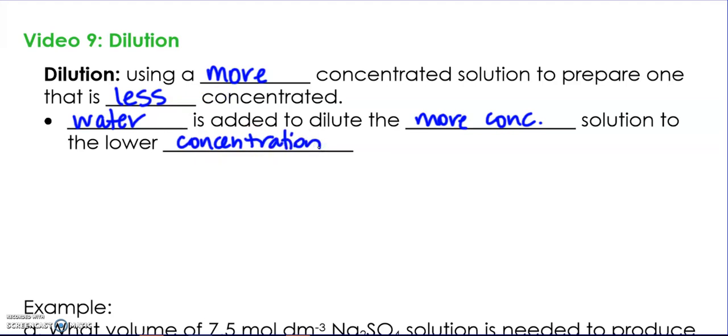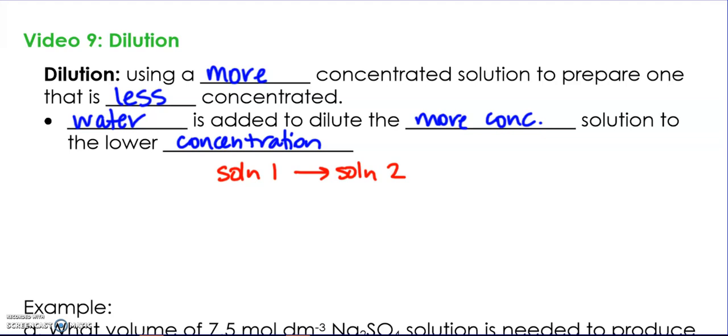So equation-wise, what we need to understand is when we're adding more water, we are only changing the volume of our solution. So if you're going from solution 1 to solution 2, we are just changing the water. So the volume will change. The moles will not. We're not changing our solute.